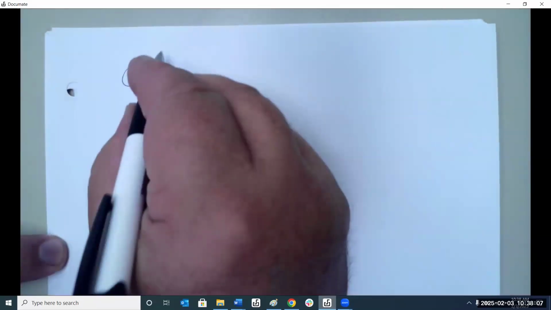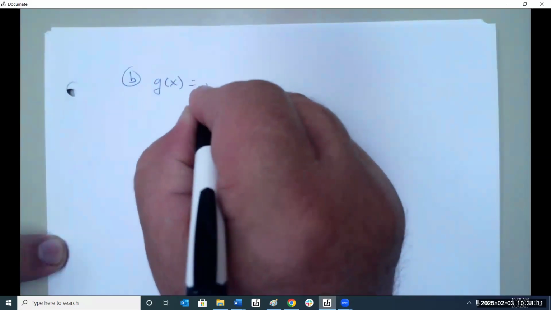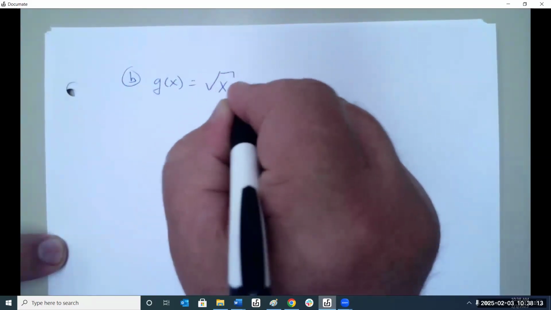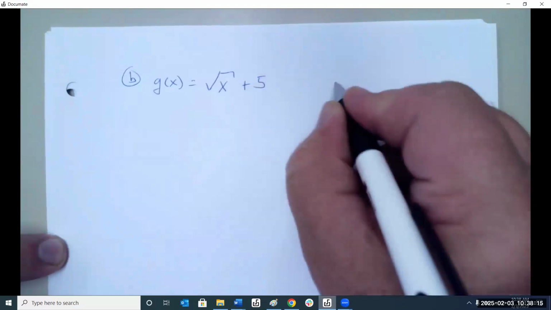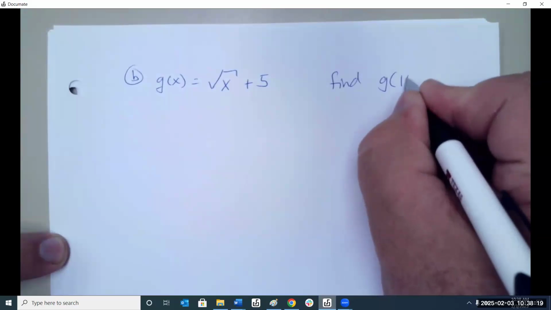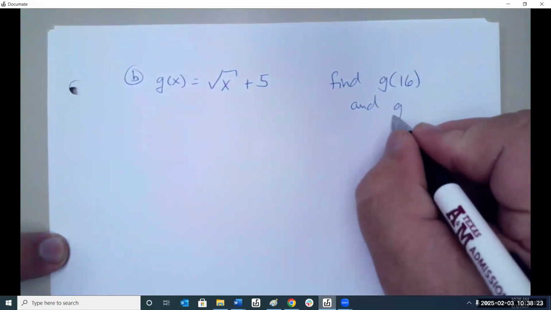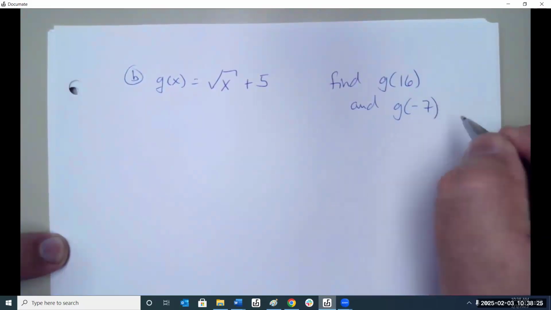All right. B. In this case, g of x is equal to radical x plus 5. Find g of 16 and g of negative 7.